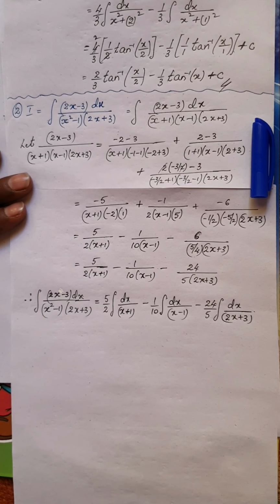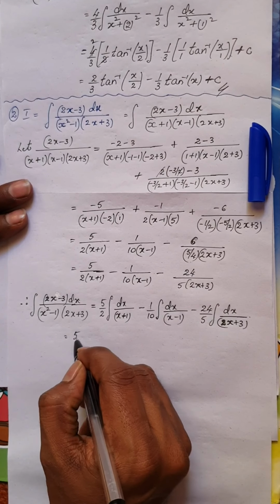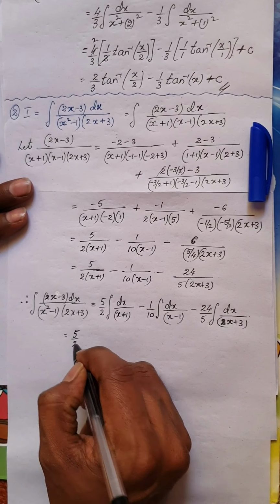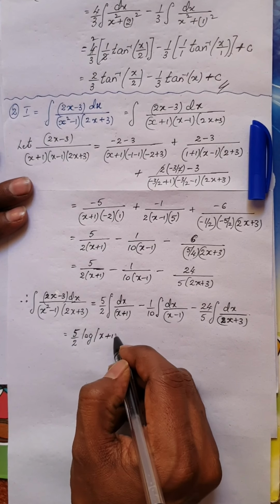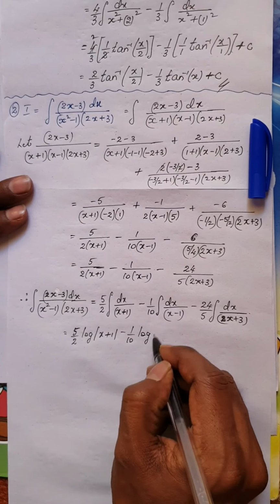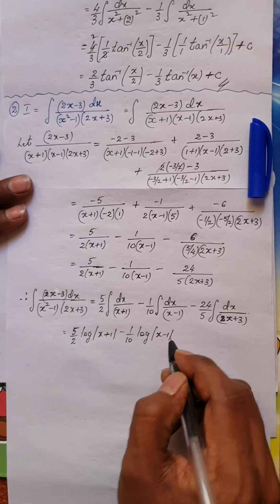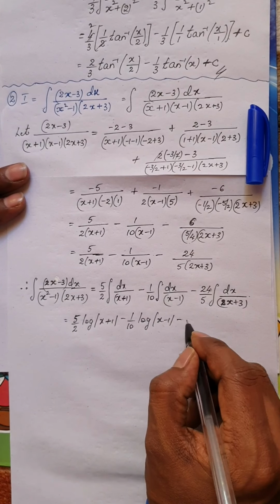Is it clear? Okay, so this is nothing but 5 by 2 into integral of dx by x would be log of mod x plus 1. Okay, similarly minus 1 by 10 into log of mod x minus 1. Okay, now please be careful for this integral.